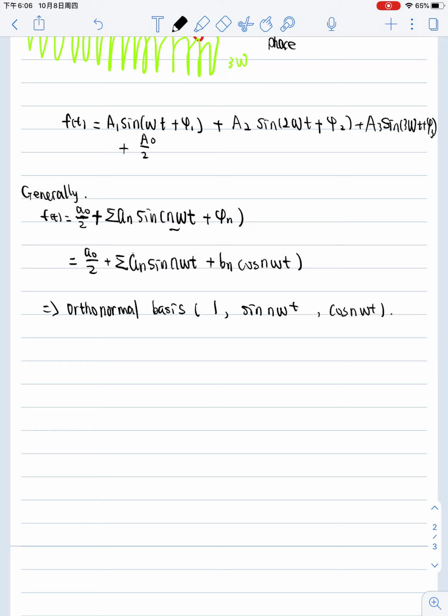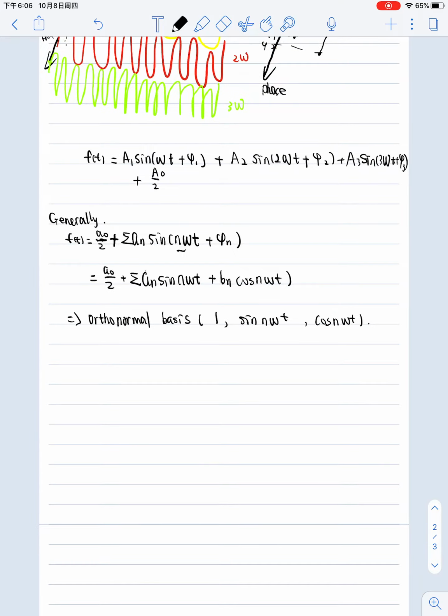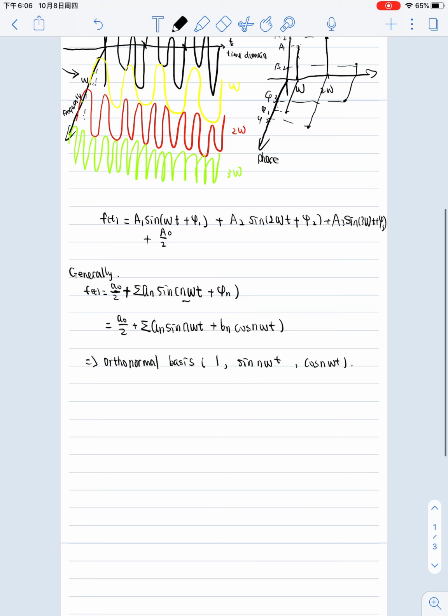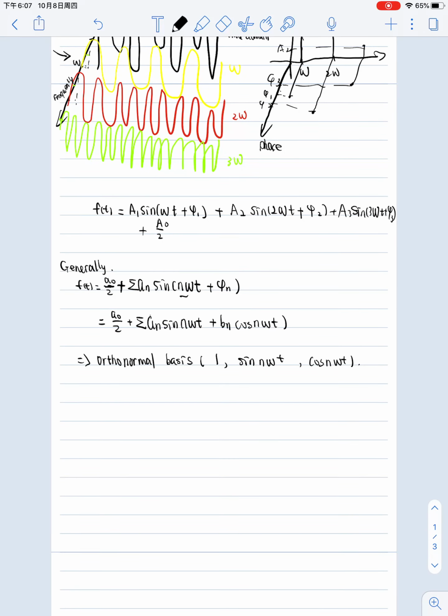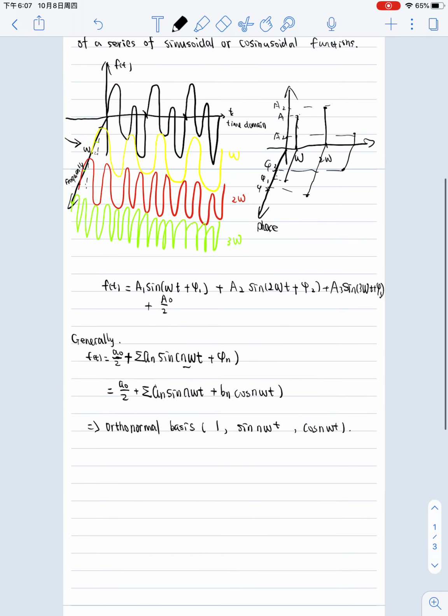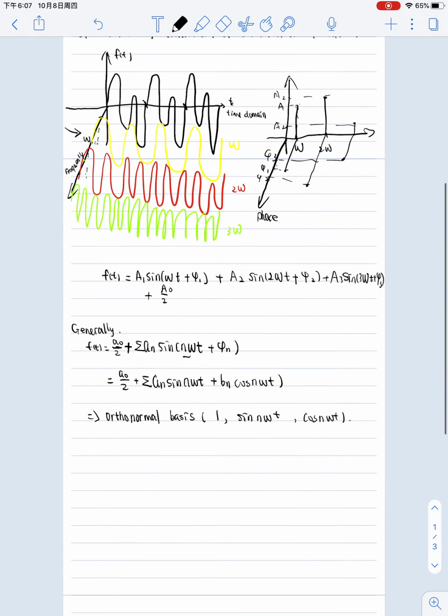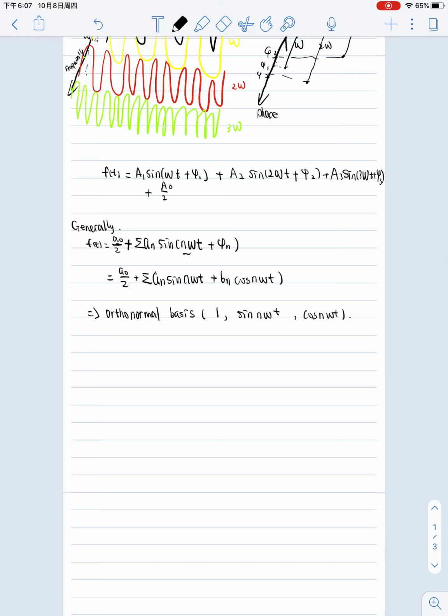These three things are all orthonormal. And this is the Fourier series, which means any periodic function can be expressed by these elements of the orthonormal basis.